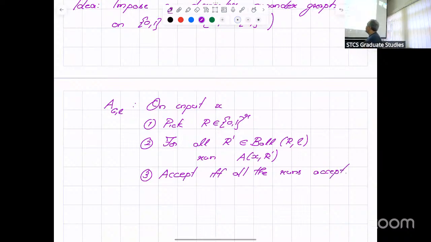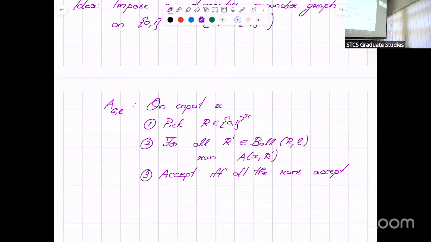Okay. Is the algorithm clear? We fix L before. L is some parameter which we will decide. For example, if L were 0, it is just the original algorithm, because you're taking a random point and just running on it, with a ball of radius 0.